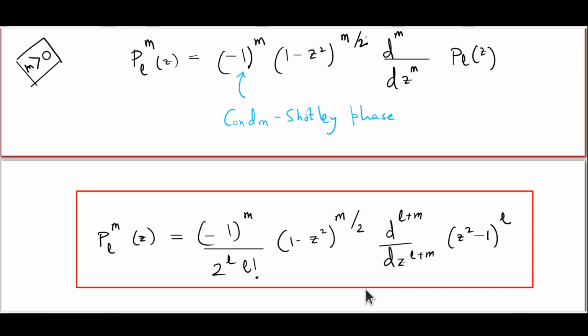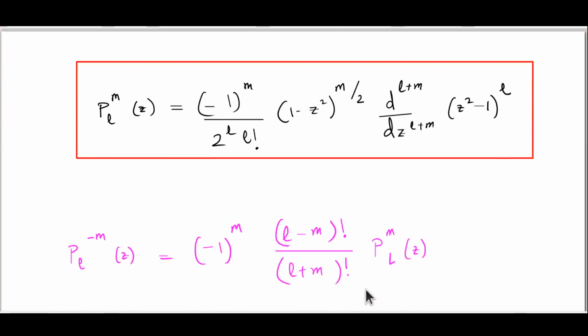In fact, it turns out that you can show with a bit of algebra that PL minus m of z is actually related to PLM of z, is not an independent function, is just proportional to it. And this is the proportionality factor. It's really quite easy to show this. I will perhaps set this as an assignment to solve.